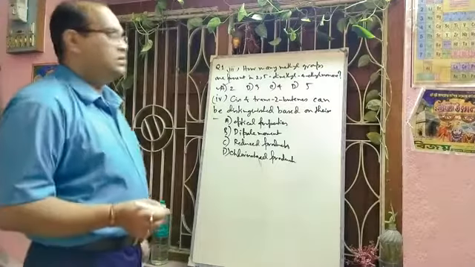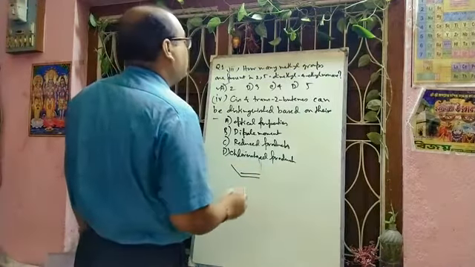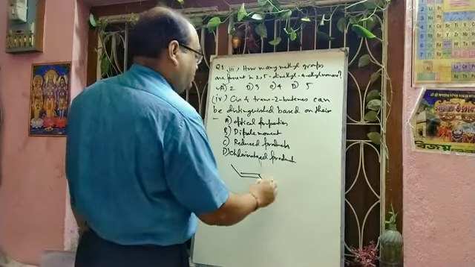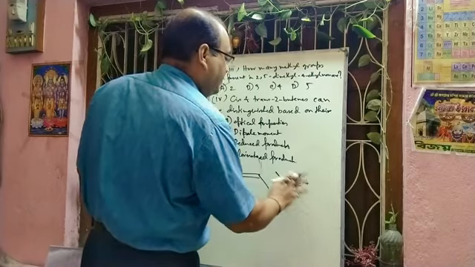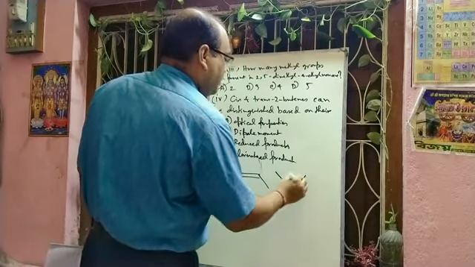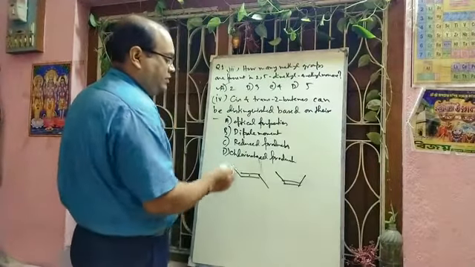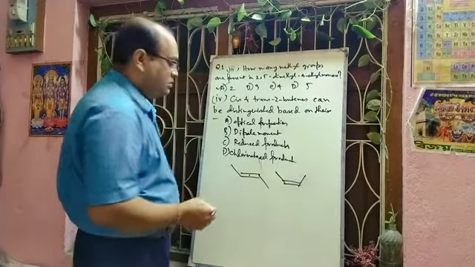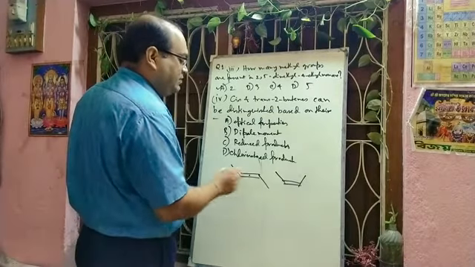So you know that this is the trans 2-butene and this one is cis 2-butene. Because of the presence of the center of symmetry, it is a centrosymmetric molecule, and here this bond moment will be cancelled by this bond moment.